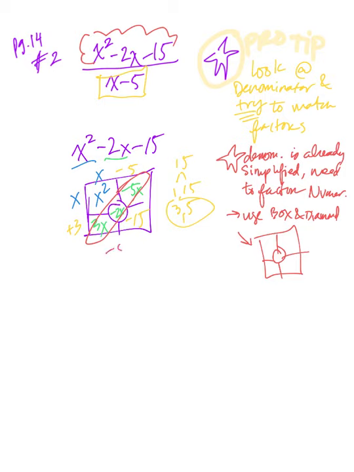So negative 5x plus 3x does equal negative 2x, so that's true. Okay, cool. I'm going to use a highlighter. So this top of my box and this other side, these are my factors.